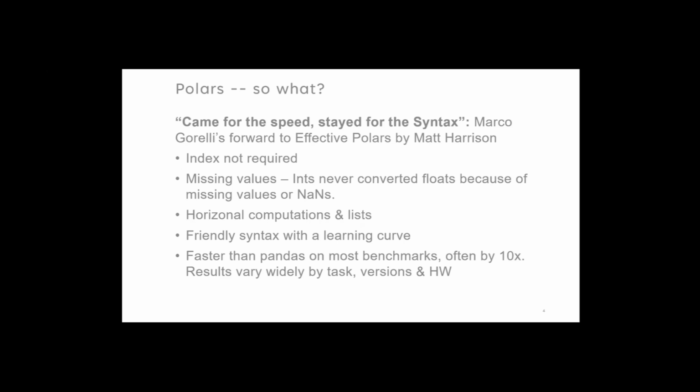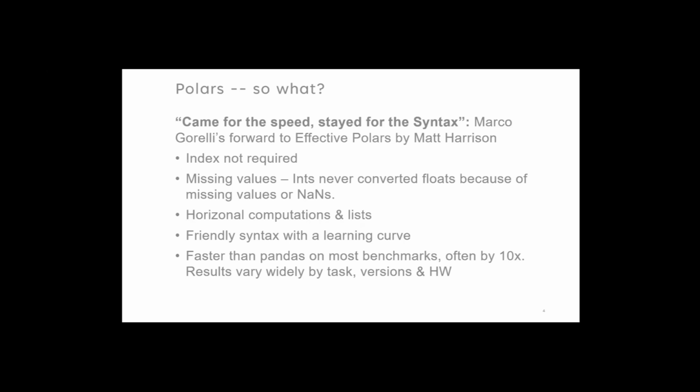A few benefits that may spark some people. There's no indexes. You know, set index, reset index, all those things, or column not found because you're trying to get a column that is the index. You probably experienced that. You don't have that kind of complexity. And why shouldn't your DataFrame library manage that for you? Why do you have to do that?